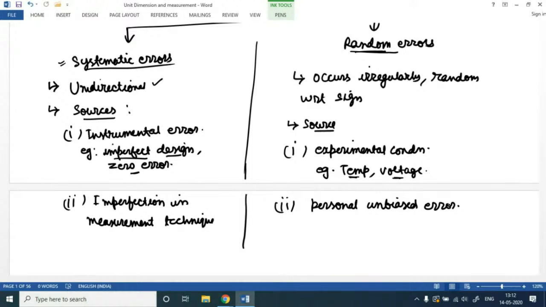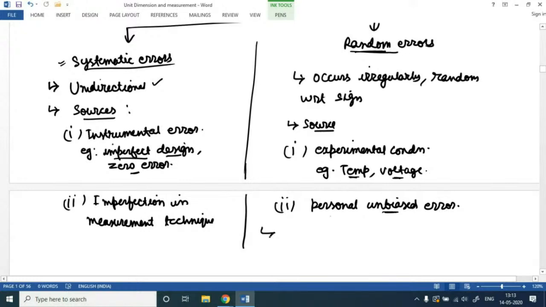So that will be due to personal unbiased error. That is not due to any imperfect measuring technique or personal bias. That is unbiased error, you should realize. Random error cannot be removed, only it can be minimized.